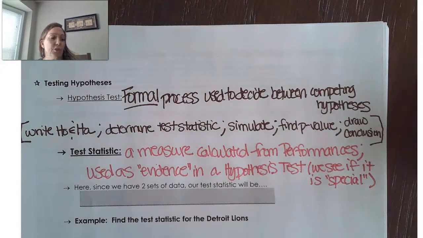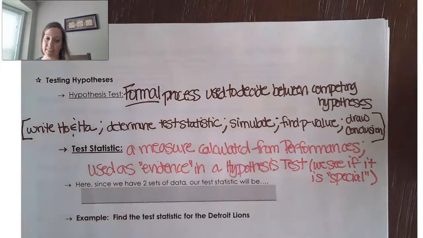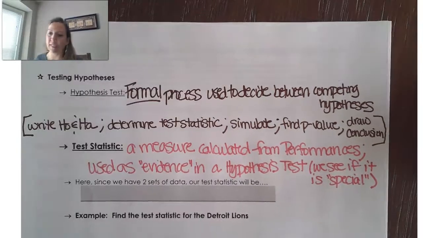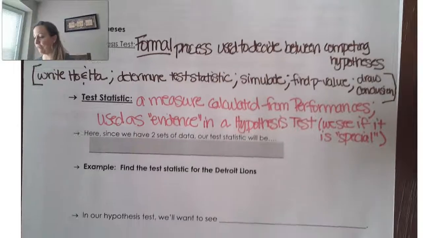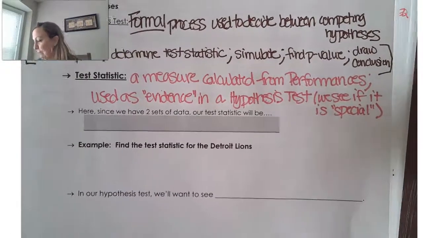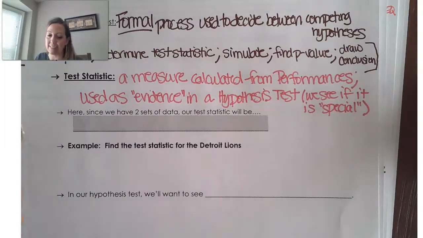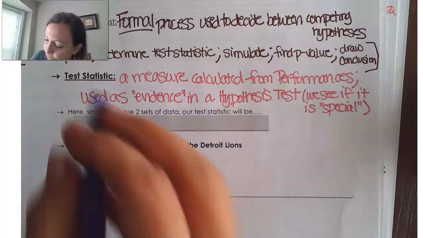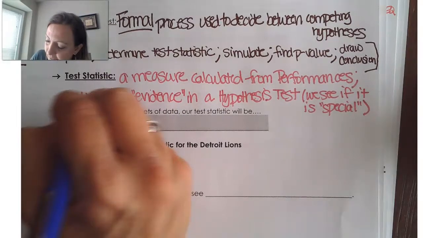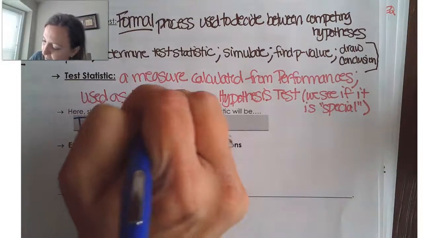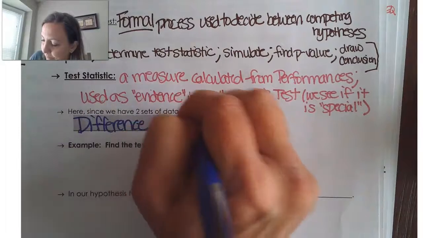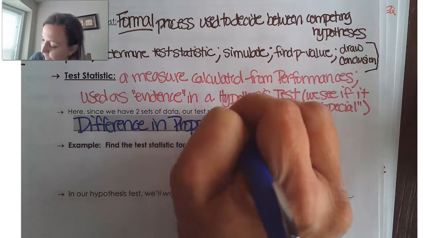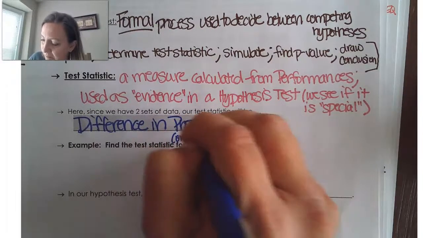And we're going to see if it is special. So we're going to take this test statistic, this thing that actually happened, and we're going to see in our simulation if it is special or not. The test statistic is kind of like the performance we use, and we ask, okay, is this special or not? It's going to be our cutoff. Now, in this chapter, we're going to focus on one test statistic, and that is the difference in proportion or percentage, okay?